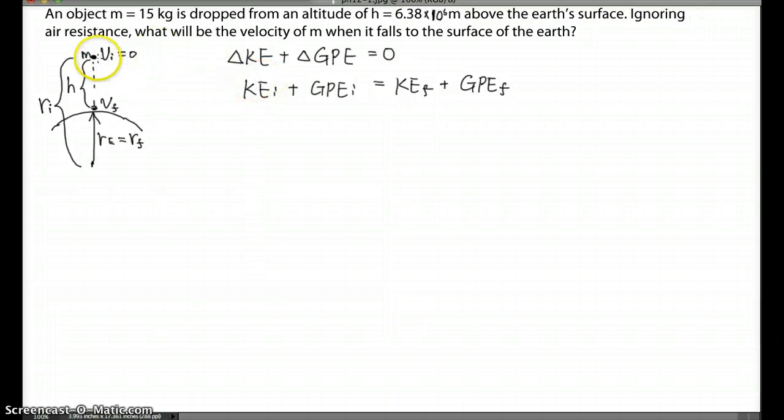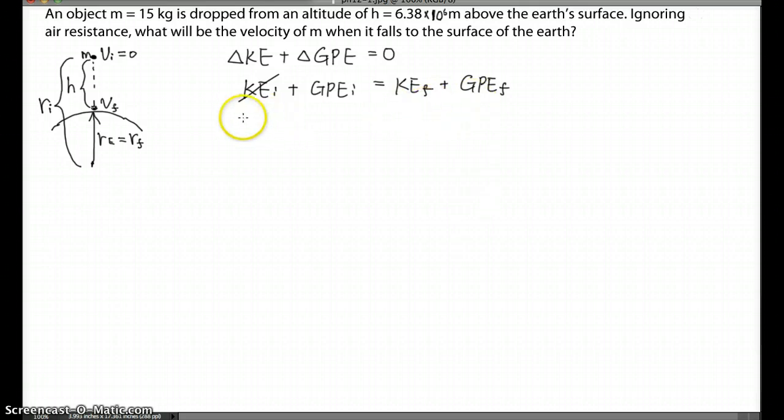You can tell from the initial position we don't have kinetic energy, so this is gone. And at the final position, do we have gravitational potential energy? Be careful, we do. It depends where you set up your reference, right?